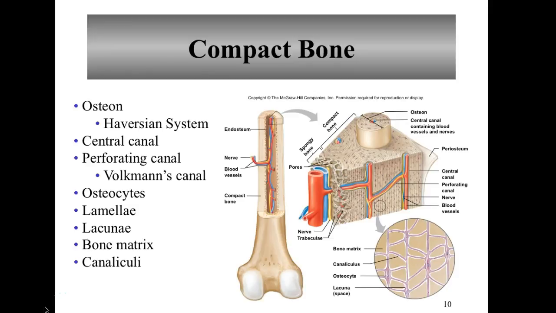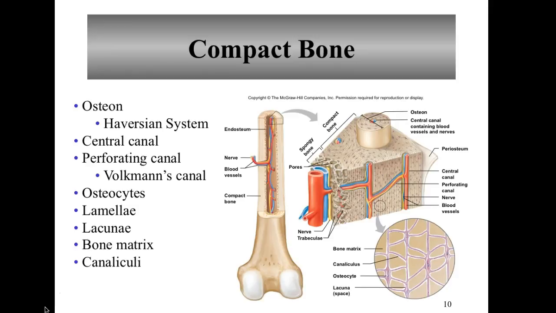The components of the Haversian system, or what we say is an osteon, are osteocytes themselves. The osteocytes are spider-shaped bone cells that lie in the lacunae, and the lacunae is laid down within this matrix of collagen and calcium salts that is going to form concentric layers called the lamellae.